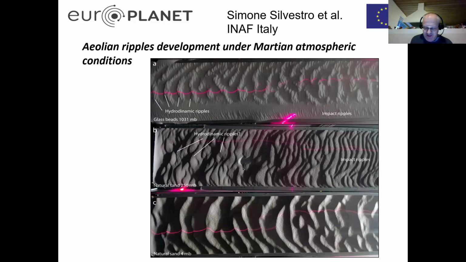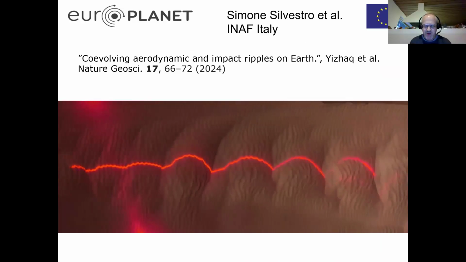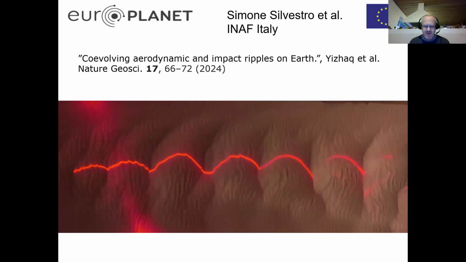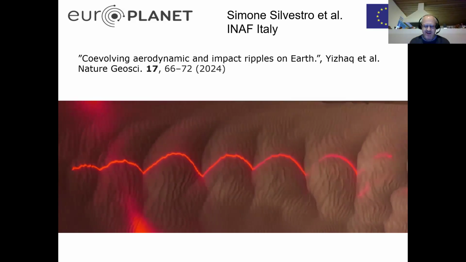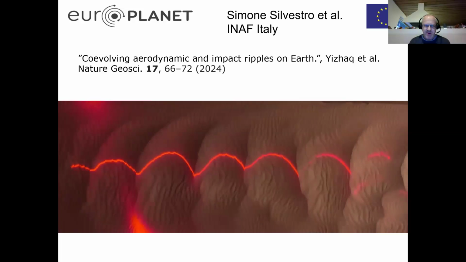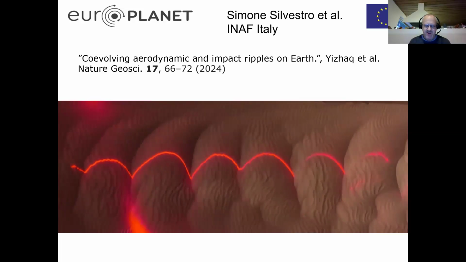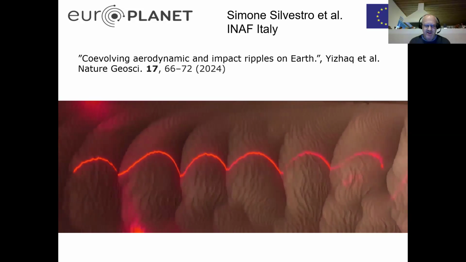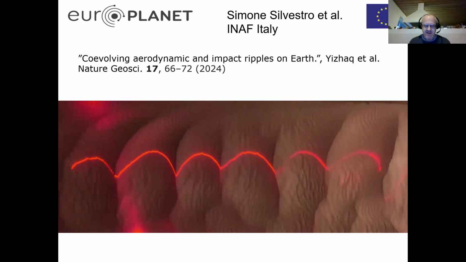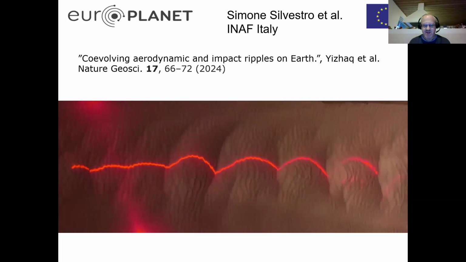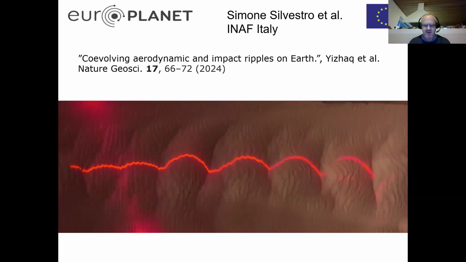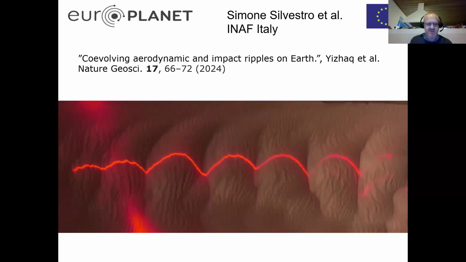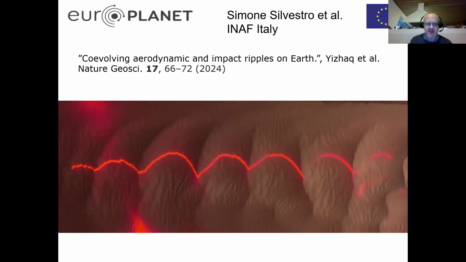By far the easiest way to see these is with a movie. When you watch it, you can see that they don't move in the same way. The impact ripples seem to move through the aerodynamic ripples in an interesting way, which is characteristic of this. This has been published, but I believe the work is continuing.